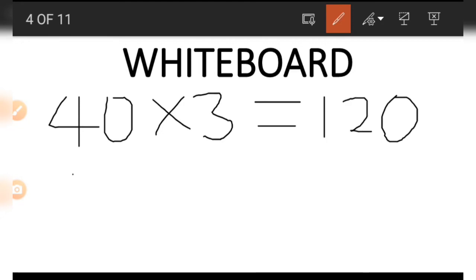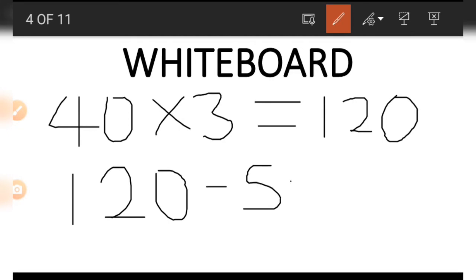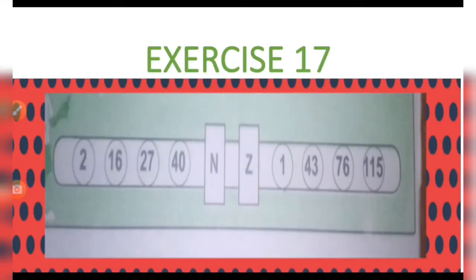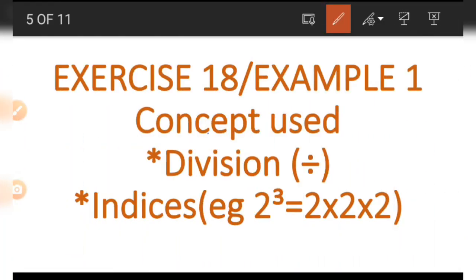Then you put the 0 behind it. That's 120. Again, we make use of the second imaginary number, that is minus 5. So 120 minus 5 is equal to 115. All right. So this is how this exercise 17A is done.